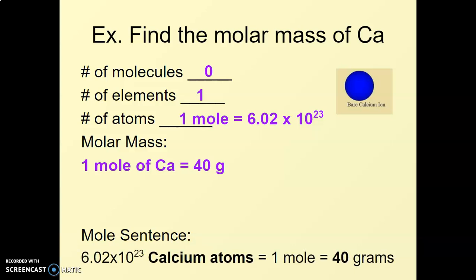We're going to say that 6.02 times 10 to the 23rd calcium atoms equals 1 mole, which equals 40 grams. This lets us know all the information that we really need to describe what's happening here. We're letting ourselves know that 1 mole is equal to 6.02 times 10 to the 23rd calcium atoms, and that the molar mass of that is 40 grams.